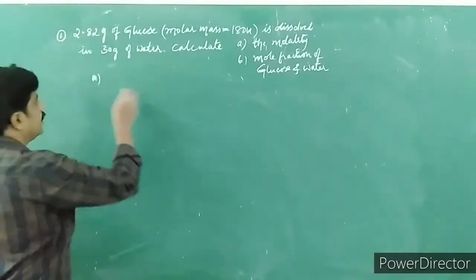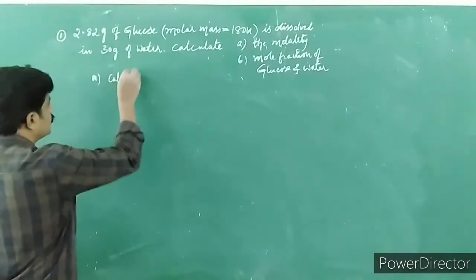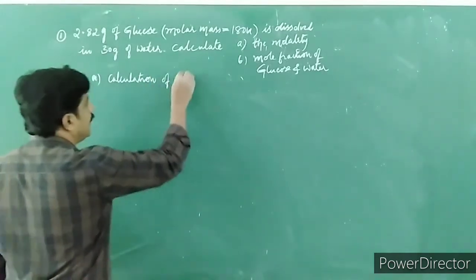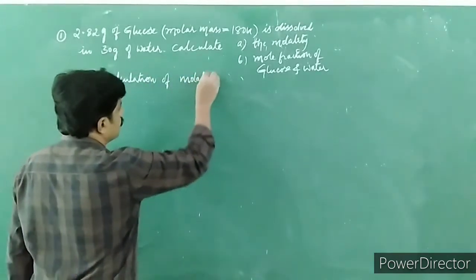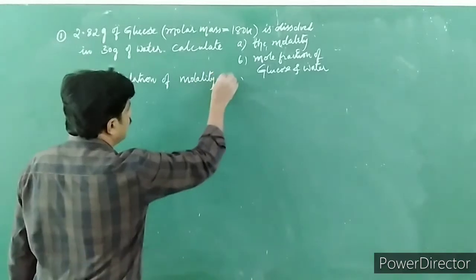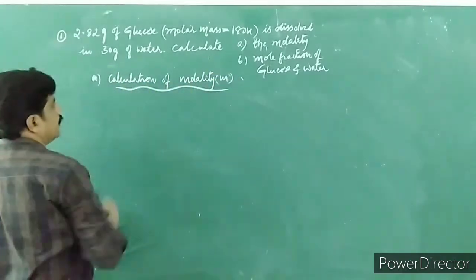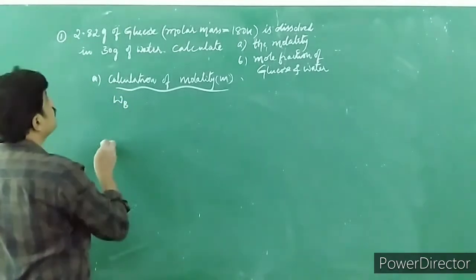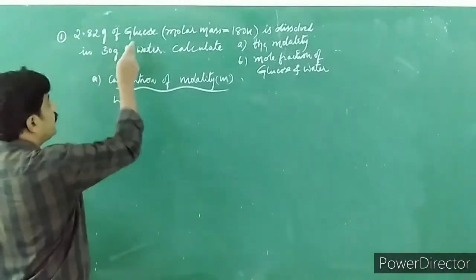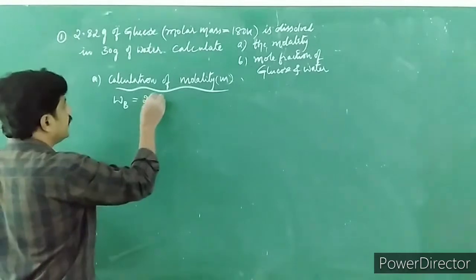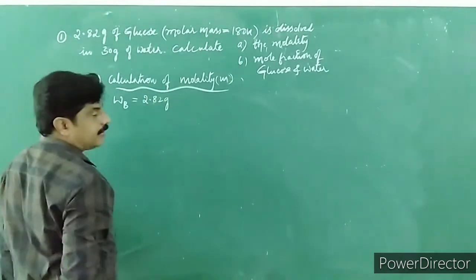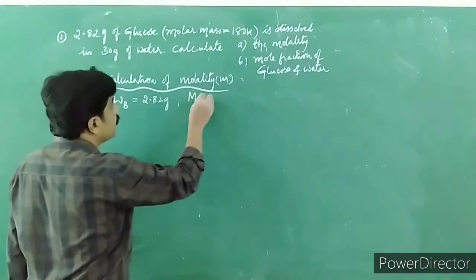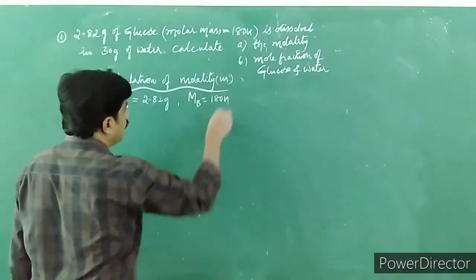A. Calculation of molality. It is given by M. Now, what is given? Look here, WB is the weight of the solute. The solute is glucose here, 2.82 grams. And the molar mass of glucose is also given here: MB is equal to 180 unified mass.